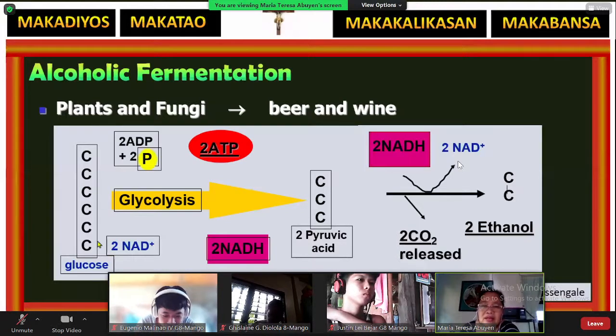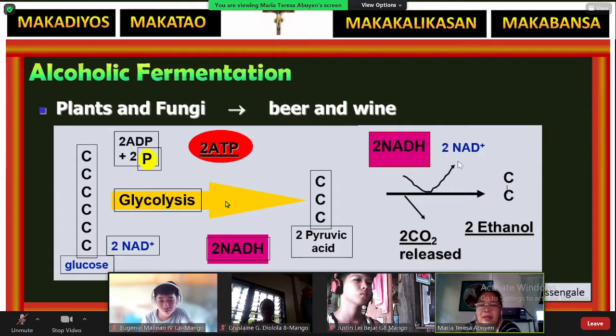Okay, now look at the diagram. 1, 2, 3, 4, 5, 6. The 6 carbon sugar, the 6 carbon glucose, will undergo glycolysis to produce pyruvic acid or pyruvate. Pyruvic acid or pyruvate.